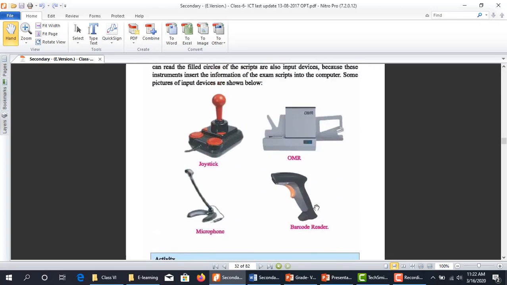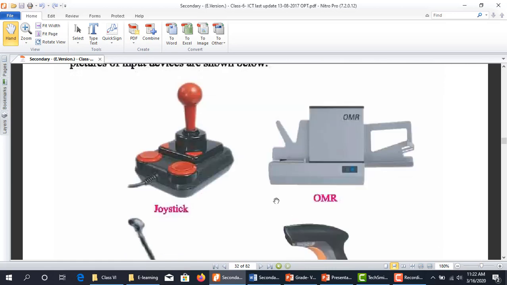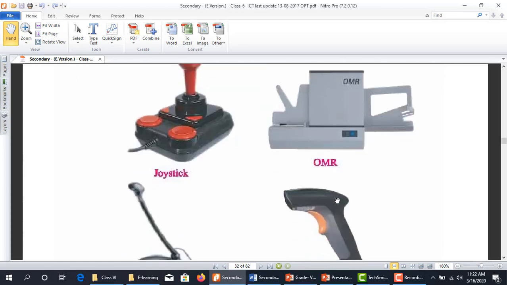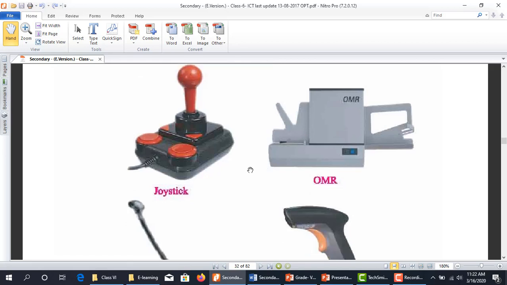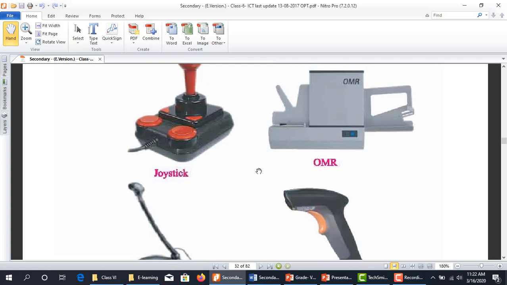So I have already given you some input devices, and here are some more input devices. Joysticks, you will see some joysticks. You know about the joysticks. OMR is very important, optical mark readers. If you go to the next class, the upper classes 9 and 10, or 11 and 12, or class grade 8, you will see some sheets that you have to just mark.